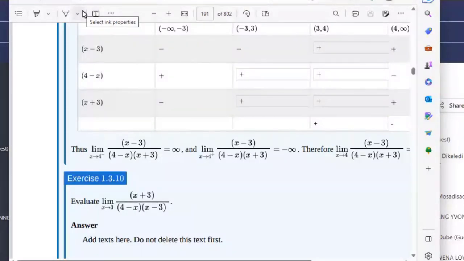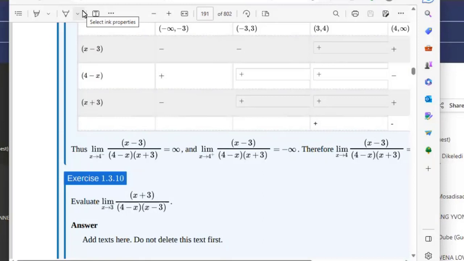Therefore, the limit of this expression when x approaches 3 from the left is negative infinity. And the limit of this expression when x approaches 3 from the right is also negative infinity.